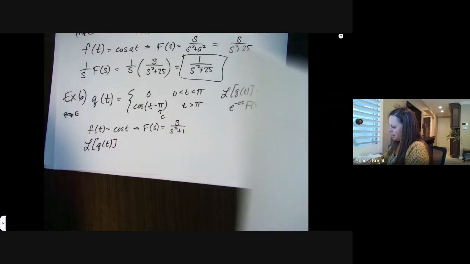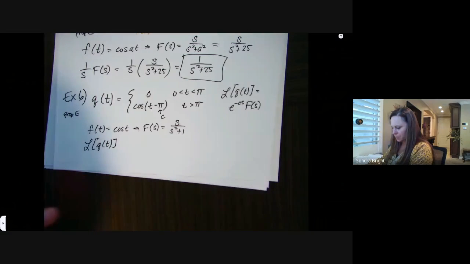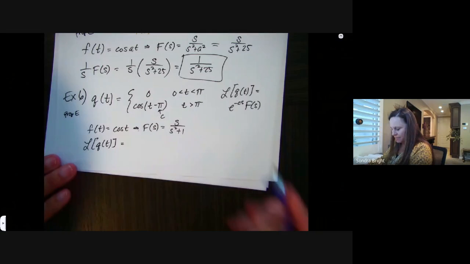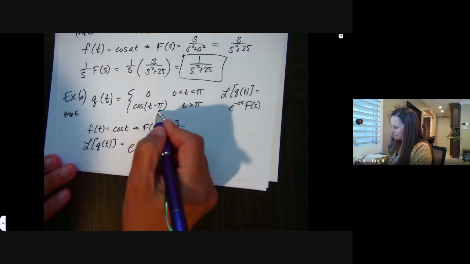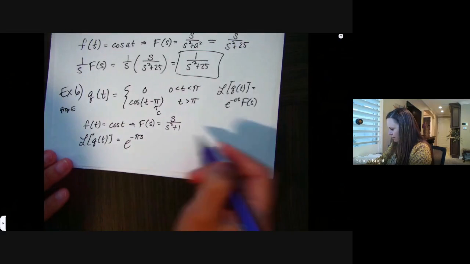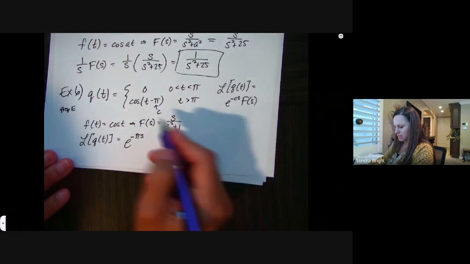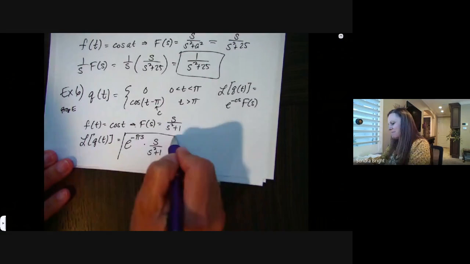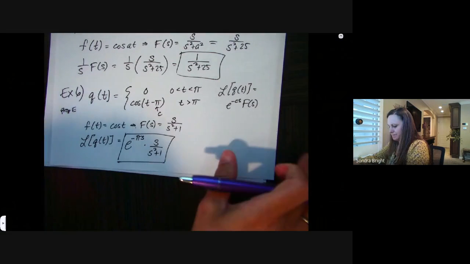So you end up with e to the negative pi s times s over s squared plus 1. And you are done. It's a lot of matching up the pattern, right? All right, let's do one more.